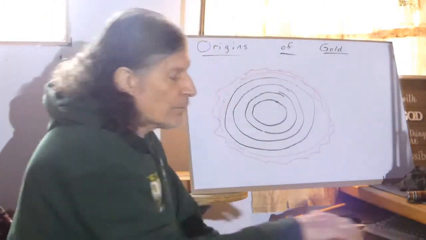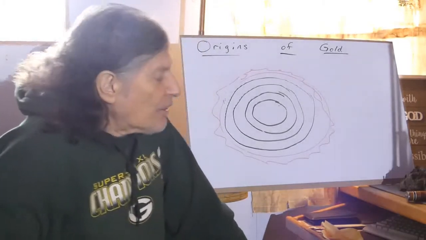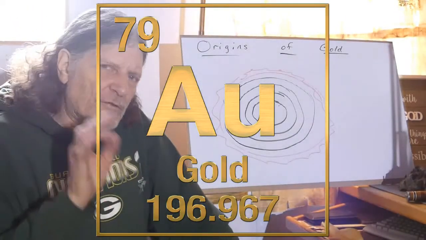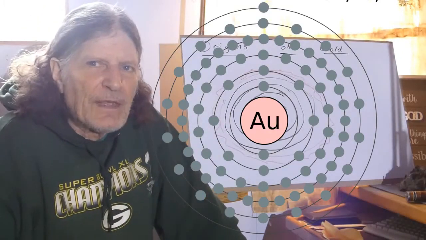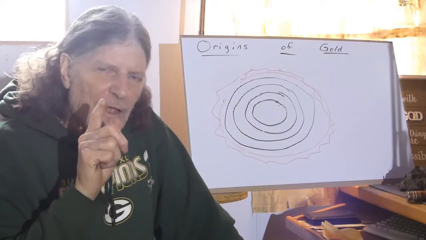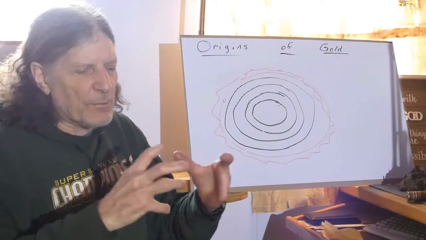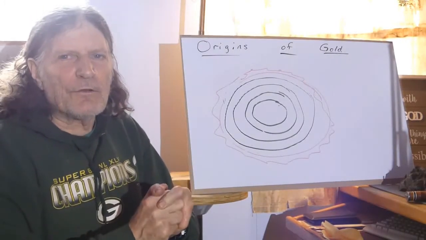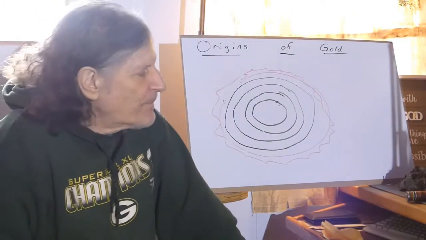Take, for instance, gold. Told you we'd get around to gold. Gold has an atomic number of 79. That means 79 protons in the nucleus. But each of those protons is a hydrogen nucleus. They've simply been compressed and packed together into a tight nucleus, creating the characteristics of gold.